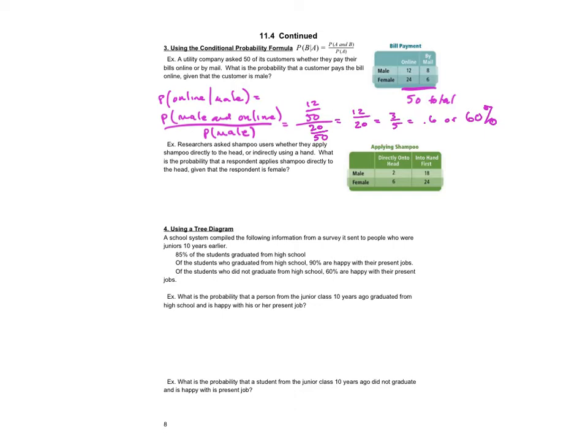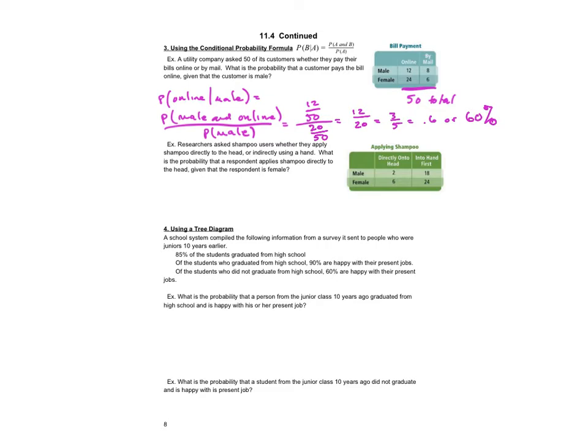Okay, and let's see here. Researchers asked shampoo users whether they apply shampoo directly to the head or indirectly using a hand. What is the probability that a respondent applies shampoo directly to the head given the respondent is female?